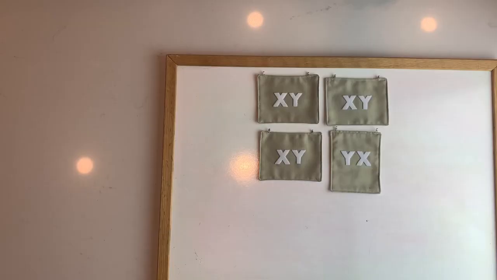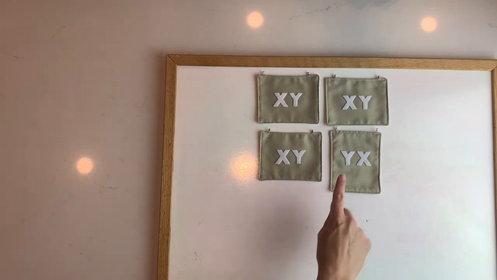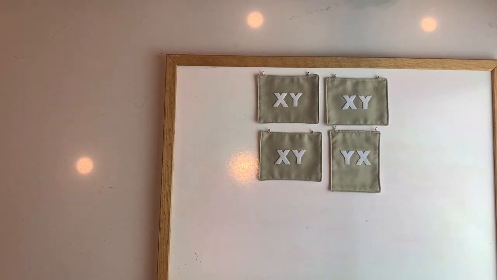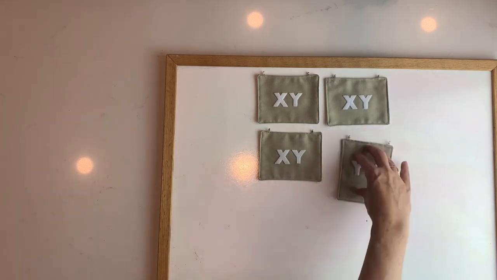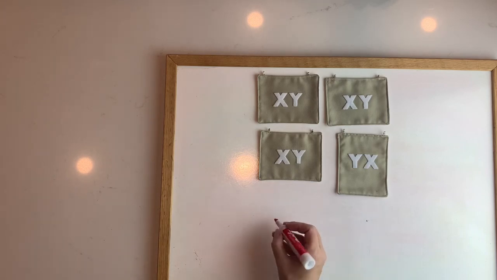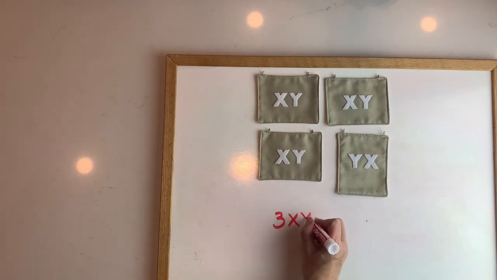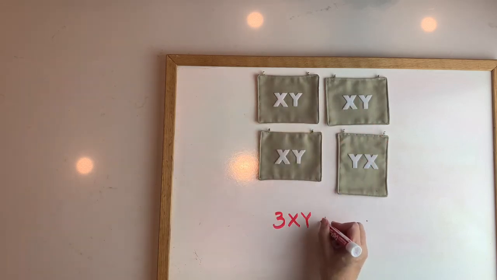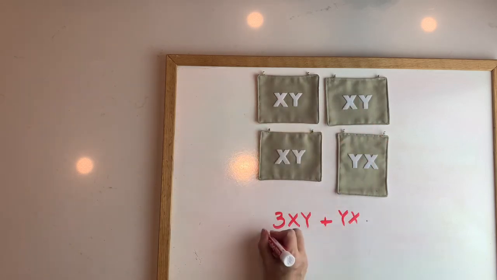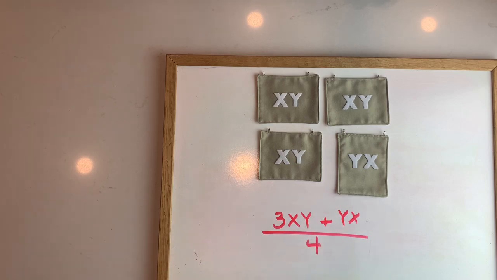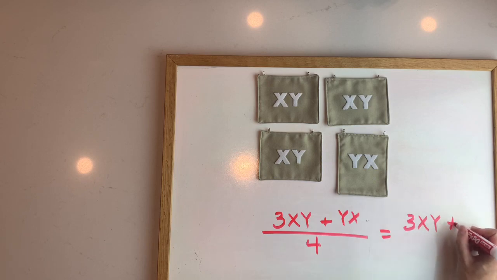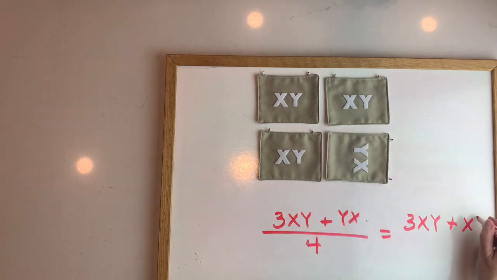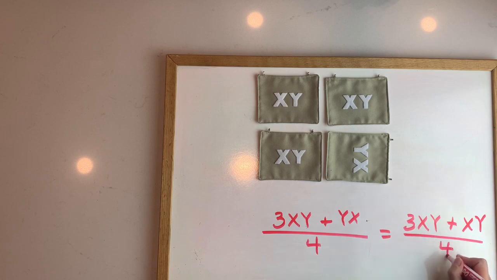Finally, if we had these shapes and we wanted to divide them into 4 groups, we could remember that y times x means the same as x times y. So if we had 3xy plus yx divided by 4, we could rewrite that 3xy plus xy divided by 4.